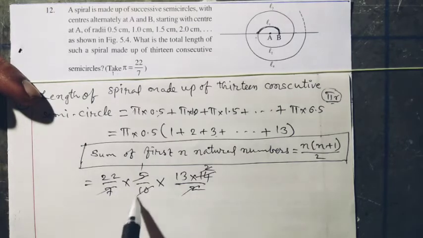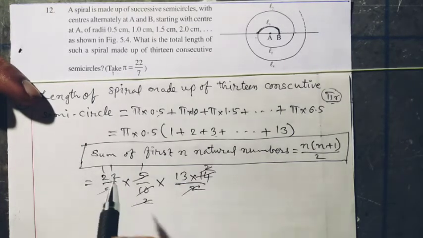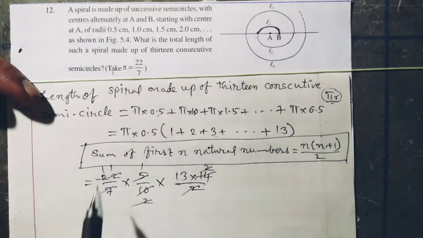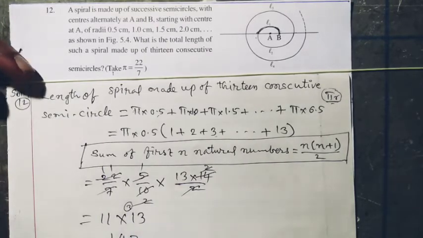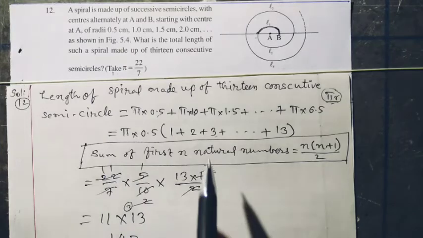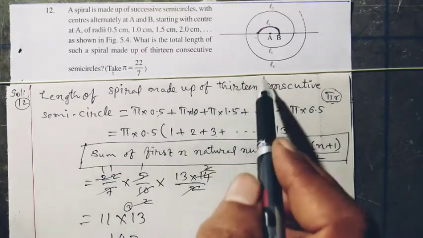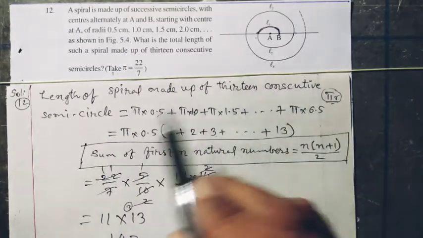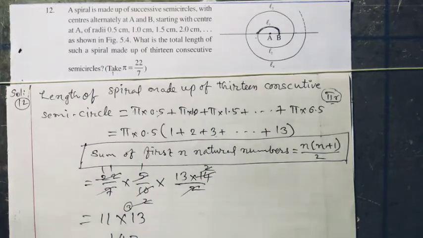Next 5 ones, 5 twos, 2 ones, 2 ones. So 11 into 13: 11 3s are 33, 11 ones are 11, so 143. So 143 centimeters is the length of a spiral made up of 13 consecutive semicircles.